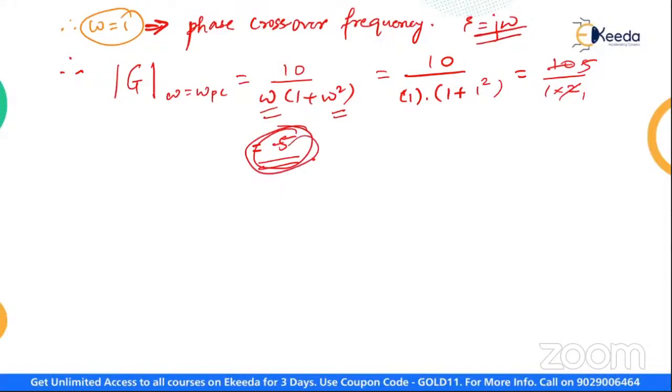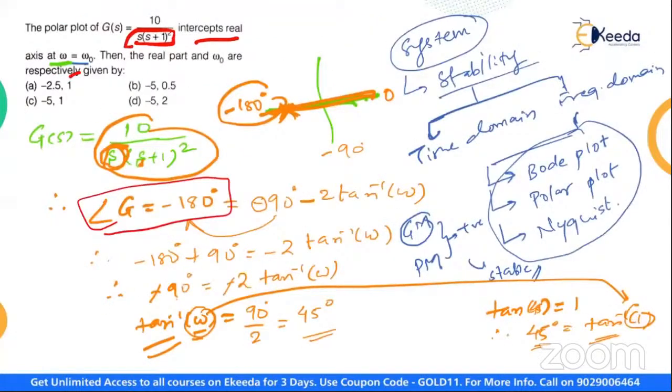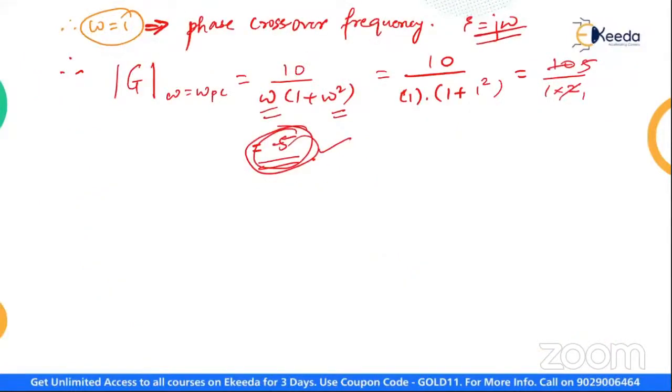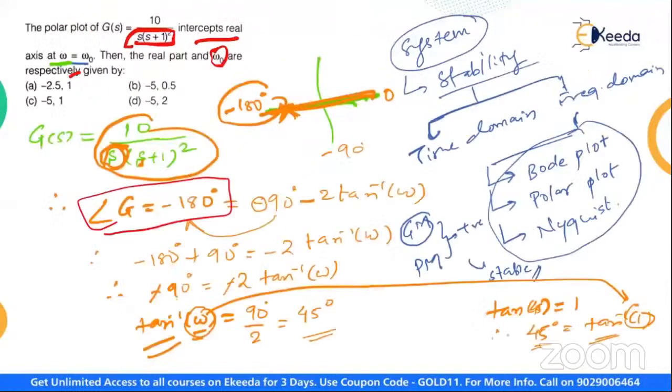Minus 5. Getting my point? Yes, sir, definitely. Therefore, your answer is nothing but what? What is the value of omega naught? Omega naught just now we got equal to 1, and this is 5. So it is minus 5 comma 1. So the answer is option C.